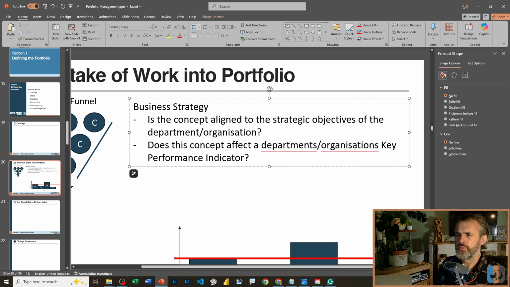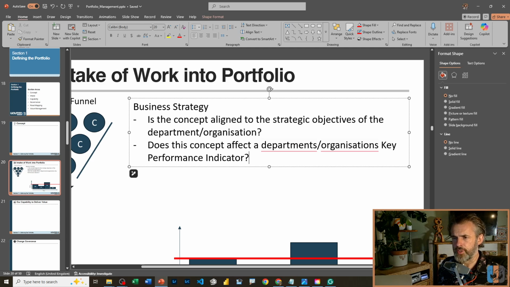So what's the value of this question? If it's strategically aligned, it should have a measure against it. So there should be a key performance indicator.